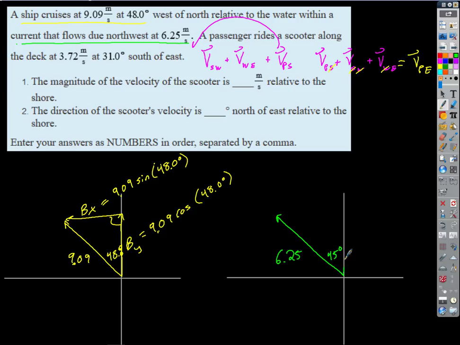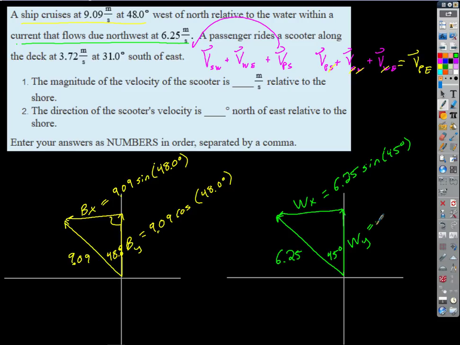Okay, so then we can break this up the same way. It's going to look pretty similar. So now we get W sub Y, W sub X, right? This is kind of the same concept. What am I going to get for W sub X? 6.25 sine 45. Do you not write the negative? No, I wouldn't yet. We'll put that in on the table based on the direction they point.